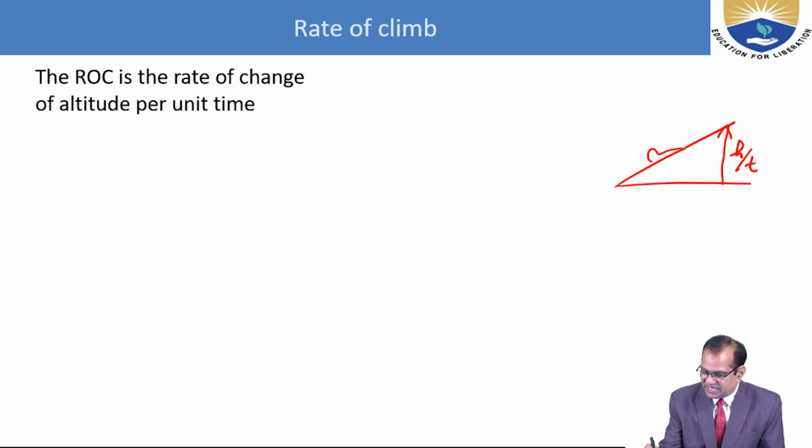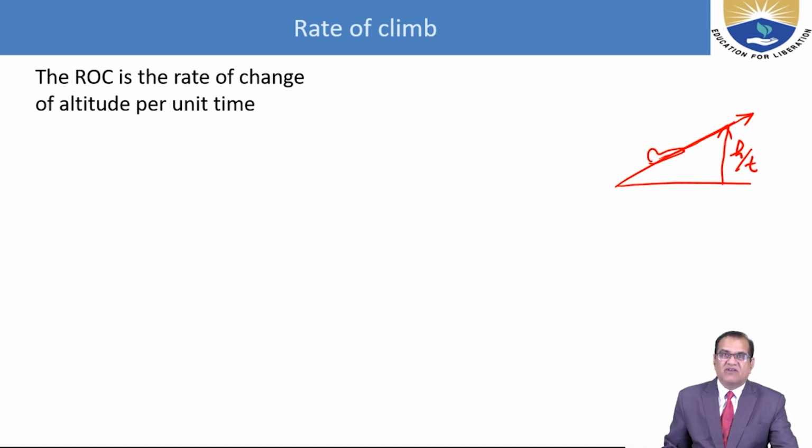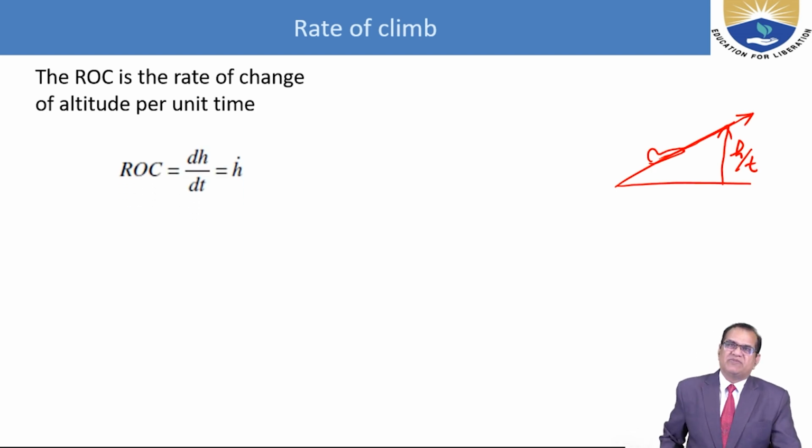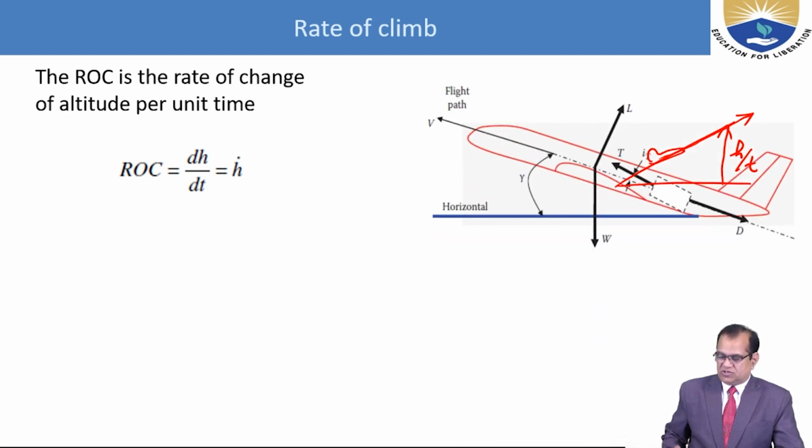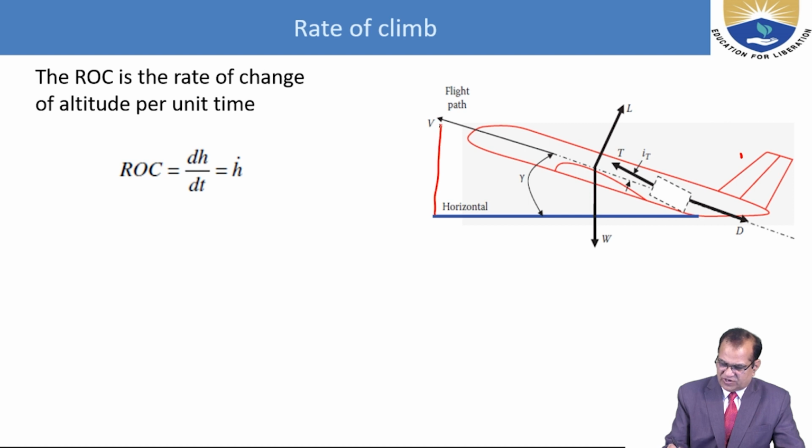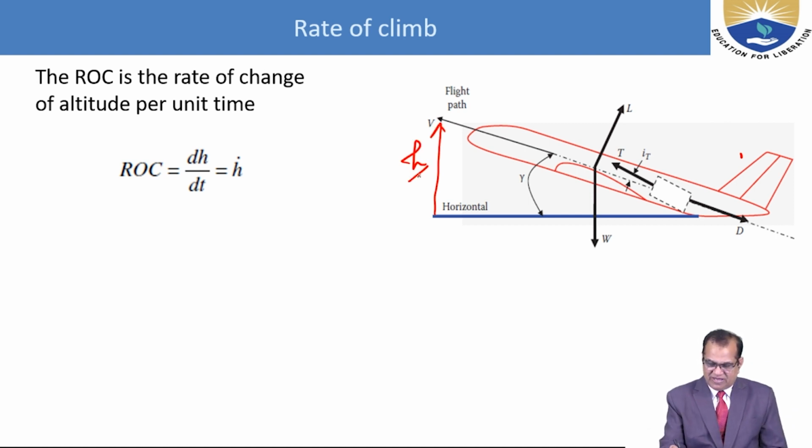If the aircraft is here, how much it is going upward per unit time is called the rate of climb. Rate of climb is equal to dh by dt, or h dot. So we can see here how much it is moving vertically, h, per unit time. dh by dt is equal to h dot.